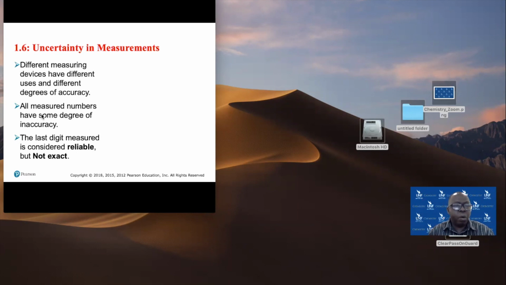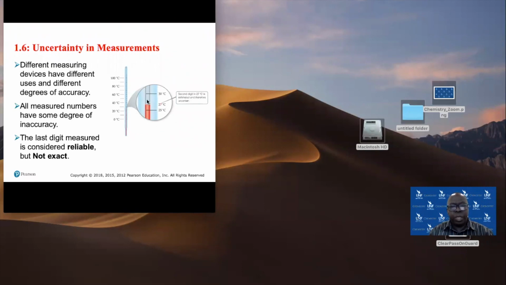So here, all measured numbers have some degree of uncertainty. You'll see plus or minus in a measurement obtained using any equipment or any instrument. For example, here is a temperature measurement.